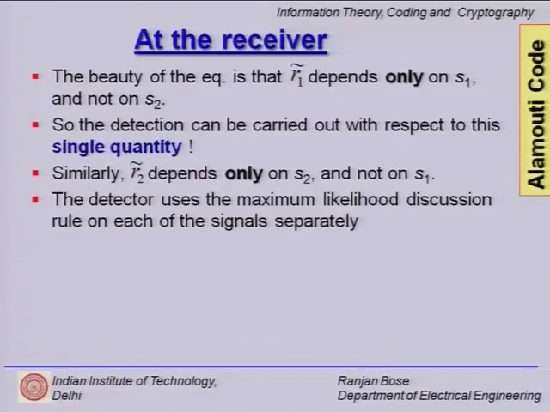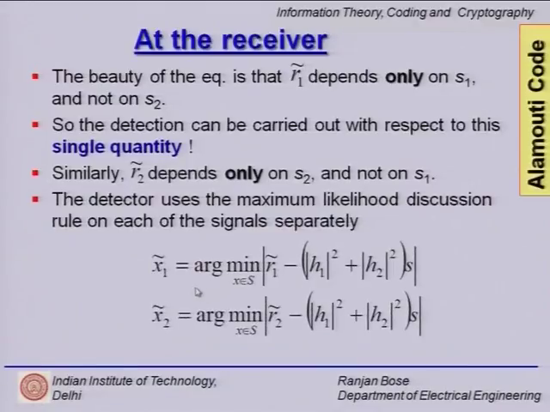The detector uses maximum likelihood decision, and so x1 tilde is the minimum over all the possible constellation points of R1 tilde minus (|H1|² plus |H2|²) S. Similarly, the x2 estimate is the minimum over all the possible constellation points of R2 tilde minus (|H1|² plus |H2|²) S. Okay.